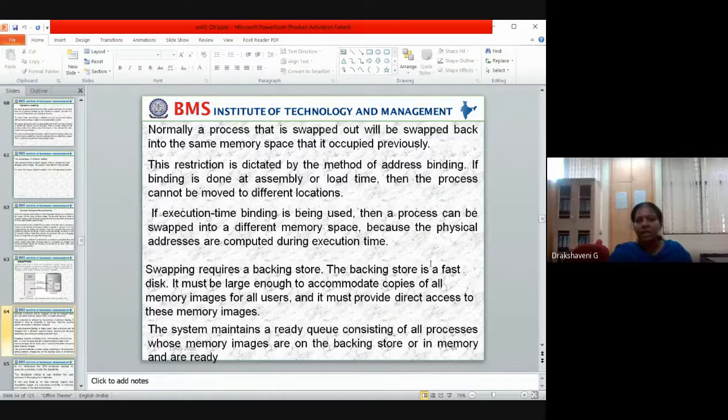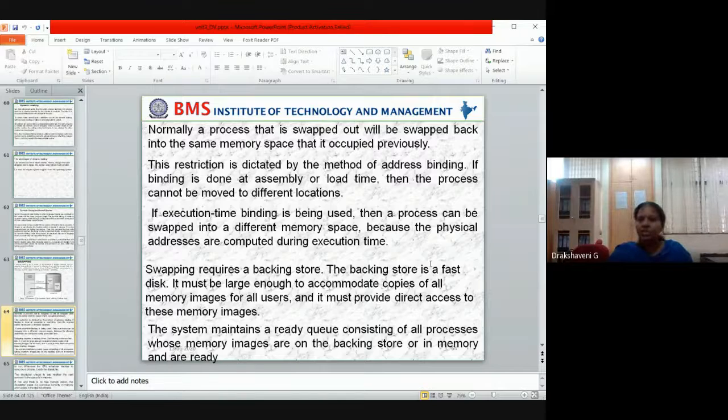If the binding is done at assembly or load time, then the process cannot be moved to a different location. Take static binding versus dynamic binding. When we use malloc and calloc, we are doing dynamic binding, and when we use an array, we are doing static binding.